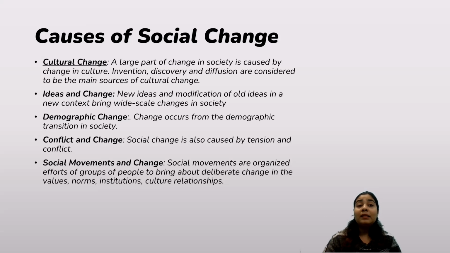So these will all be primarily the causes of social change, and this social change might often lead to multiple innovations in society. It brings about changes in the institutions.